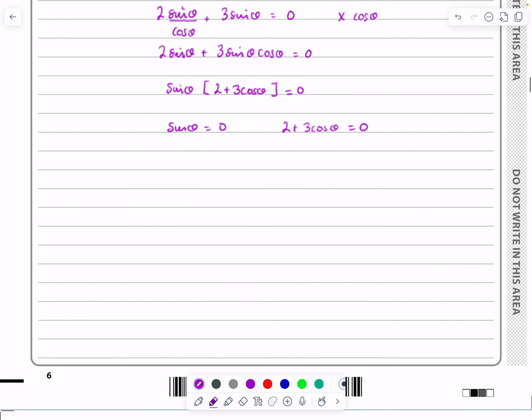Quite cleverly, when they've done this then, this one I can solve, or the way that I solve it is to think about what sine theta looks like. Sine theta, we know from 0 to 360 degrees looks like that, okay? 0, 1, minus 1. This is at 90, at 180, at 270, and at 360. So just with that knowledge, when is sine theta going to be equal to 0?